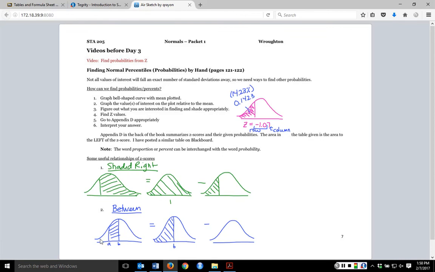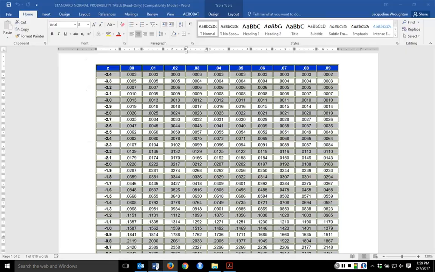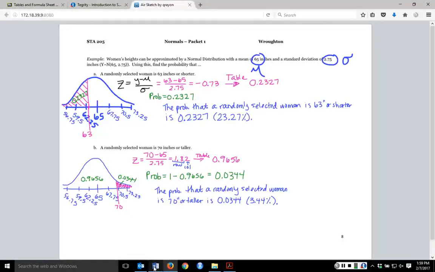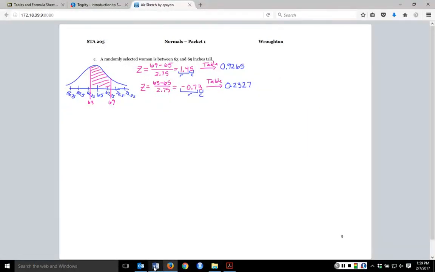What can I subtract off of this picture to get this picture back? Well, I want to get rid of this little piece. I don't want everything to the left of A. If I subtract off everything to the left of A, I'm going to be left with what's in between those two numbers. So how I'm going to use this rule for my actual problem here is I already have both of those probabilities.